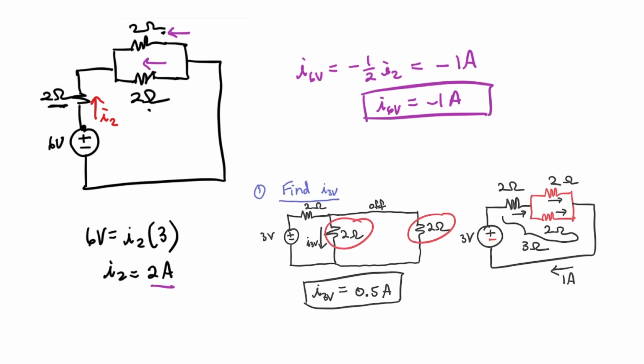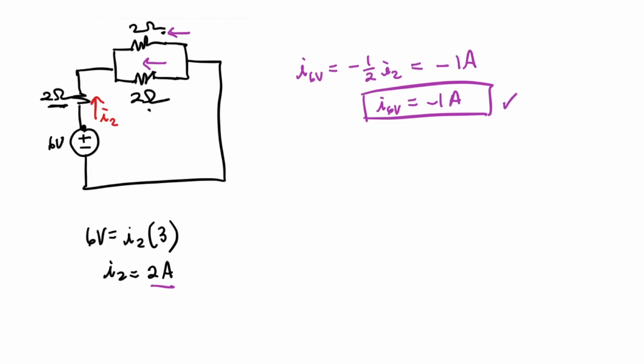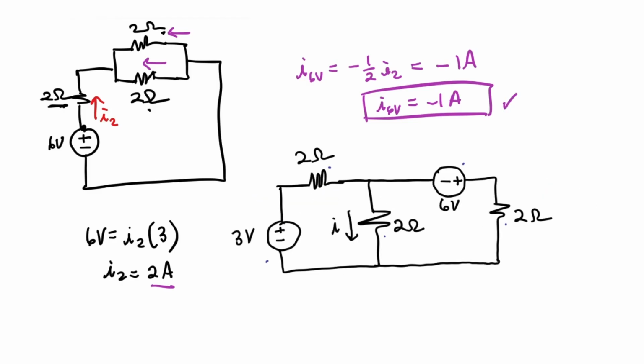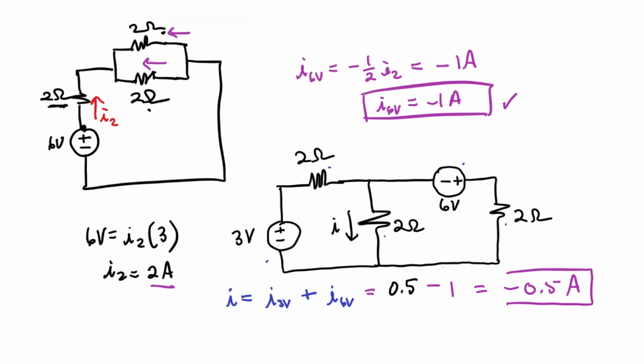And I can now look back and see, due to I3V was a 1/2 ampere and minus 1 ampere, so I can fill in my equations. 0.5 minus 1 is minus 0.5 ampere. So that's the total current flowing through the middle resistor.